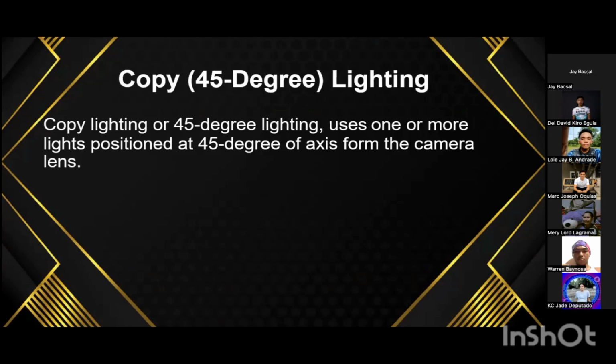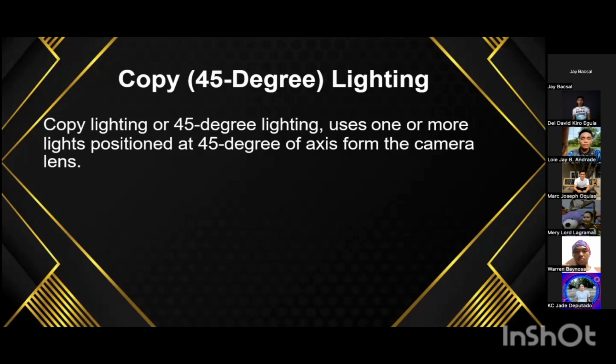The result of copy lighting is that one side of the subject is fully illuminated while the other side is in shadow, creating a three-dimensional effect that highlights the shape and texture of the subject. This technique is particularly effective for products such as jewelry, electronics, and other items that require a detailed and accurate representation.